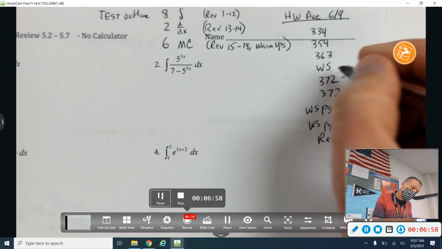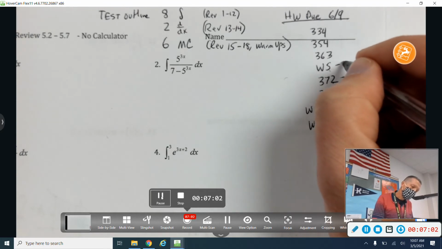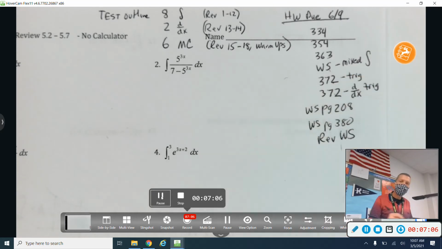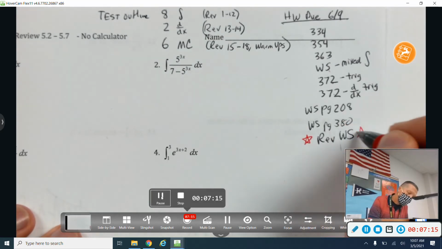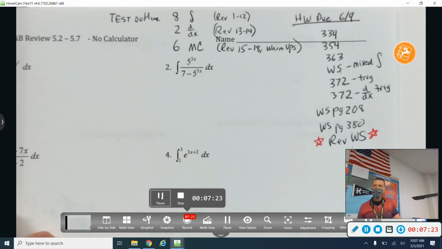Oh, I remember that worksheet before that was just mixed up integral practice. Mixed antiderivative practice. So 6 of the 9. Any 6, but the review would be highly, highly, highly recommended to be included in that. But I'll let you choose. Yes, sir.